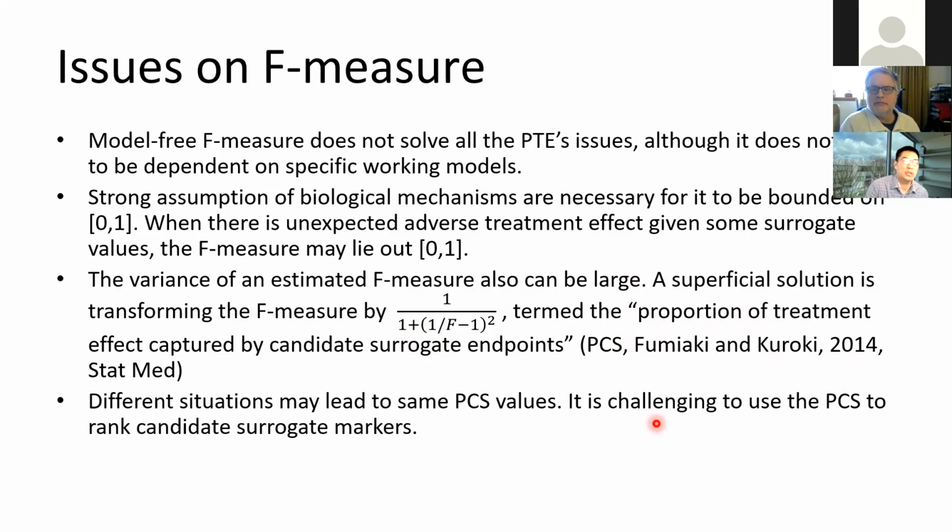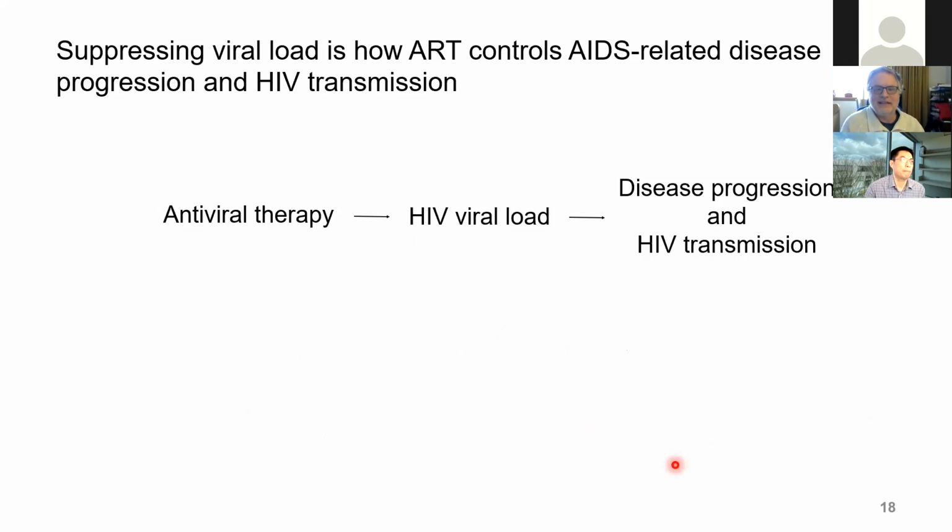There are issues too with the transformed F measure. Different situations may lead to the same PCS values. So it is challenging to use PCS to rank candidate surrogate markers as well, especially when you have this square term.